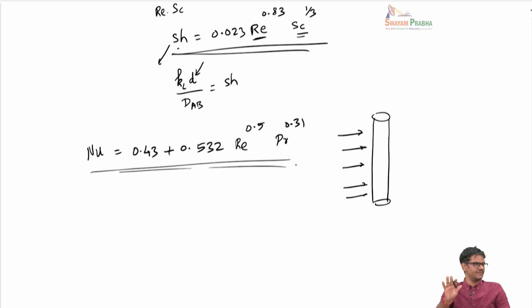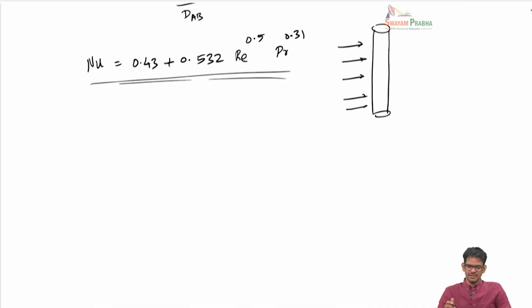This information is available in the literature. Now let's say you have a mass transfer problem, maybe a cylindrical solid with a fluid going past, and this solid is dissolving in the liquid. The mass is getting transferred from the solid block to the liquid, but we don't have a mass transfer coefficient for that situation. In such a case, we can use this heat transfer correlation and get the corresponding mass transfer coefficient.